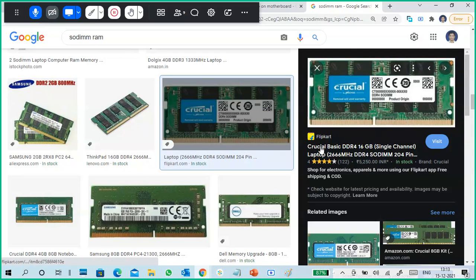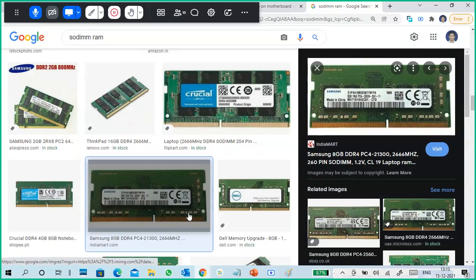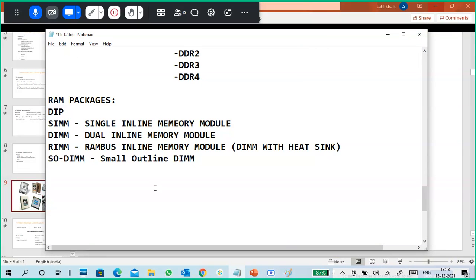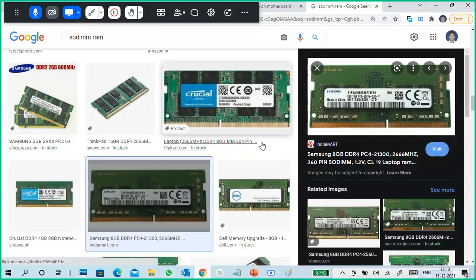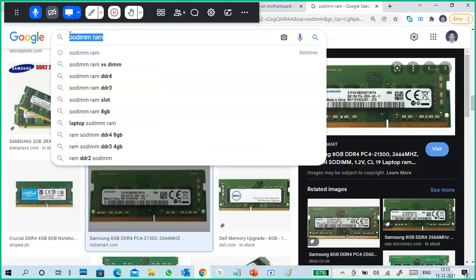It is a small outline. So SO-DIMMs are for laptops, small size. Next is mini PCs. Nowadays a lot of people use either desktop or laptop, but there are mini PCs also. In mini PCs also we use laptop type RAMs only.